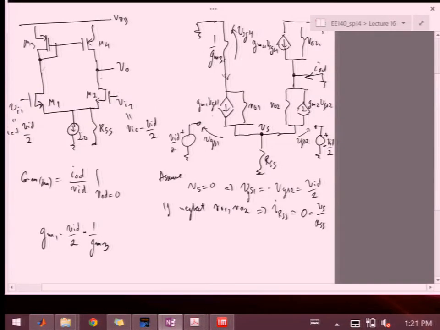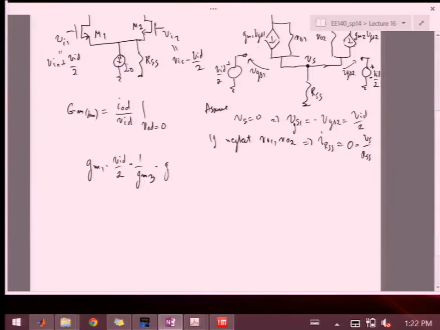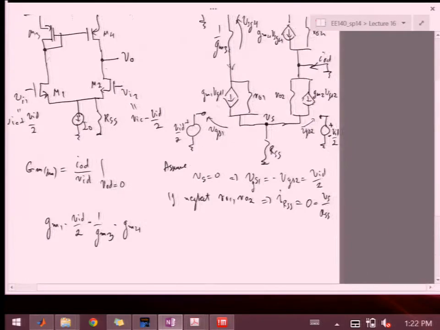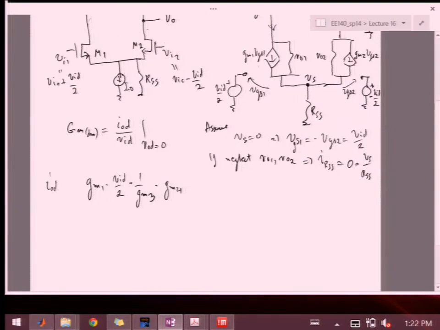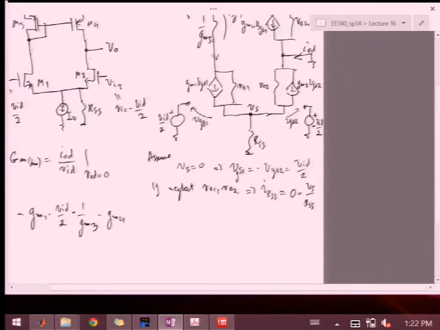And then that turns into this current over here through the VSG4. So I multiply by GM4. And then, since this current is the opposite sign of IOD, I'll add a minus sign. OK, so that's how this VID would map all the way to IOD.